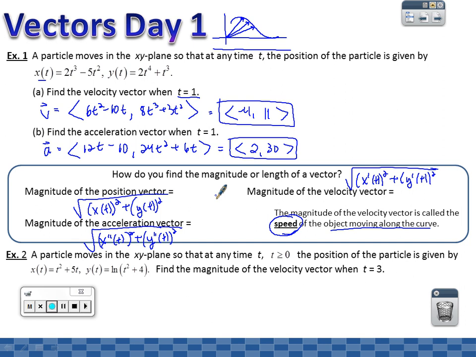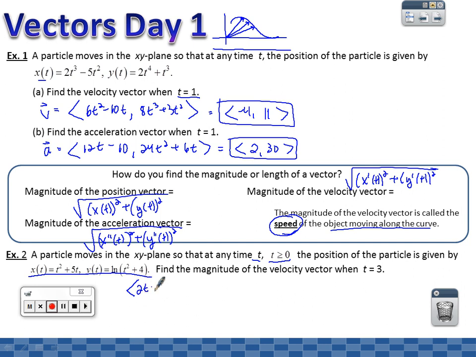Okay, so let's take a look at number 2. It tells us that a particle moves in an xy plane so that at any time t, where t is larger than or equal to 0, the position is given by this set of equations. Find the magnitude of the velocity vector when t is 3. Well, let's find the velocity vector first.